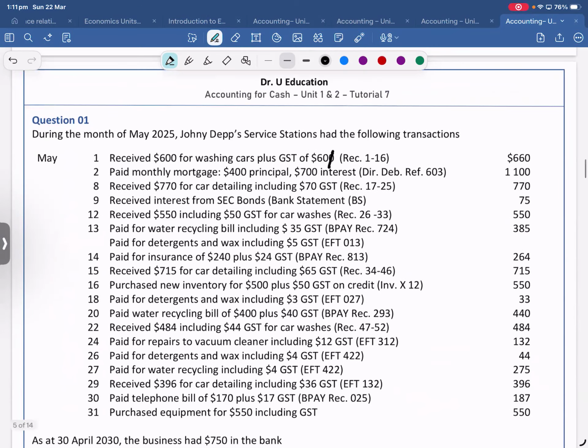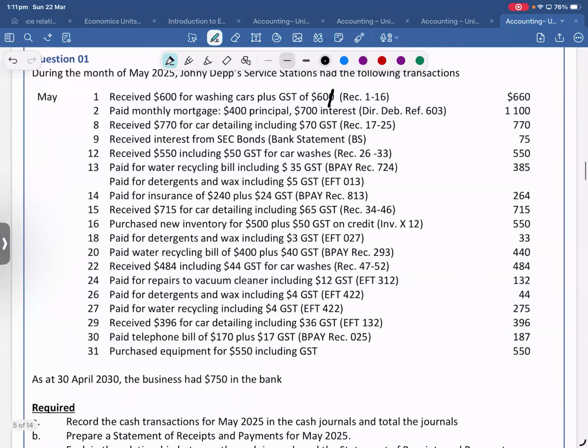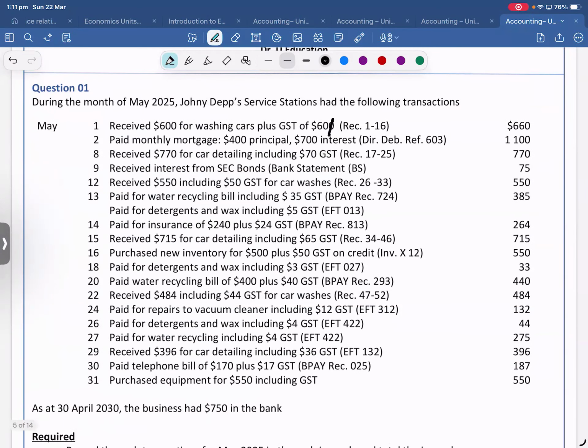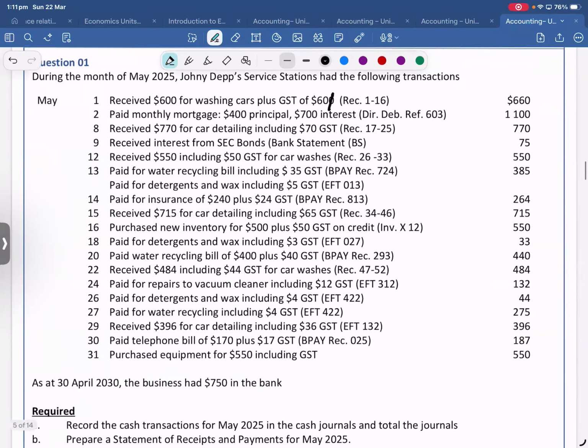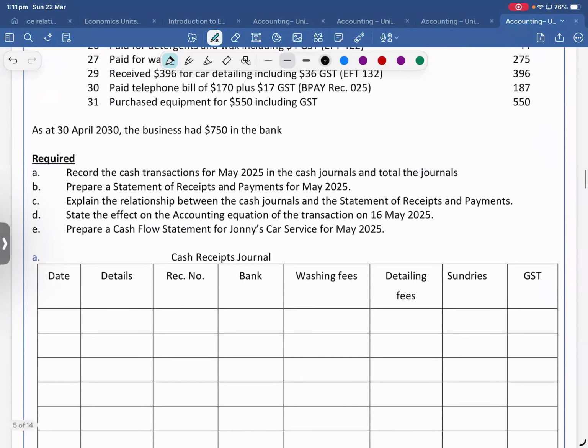Now, what is this business? Johnny Depp is running a service station. Right? The service station has given us this information for April. Sorry, for May. Right? So these transactions are for May. So then we have got this information. Now we'll record it. Right?